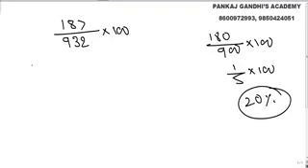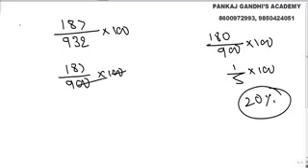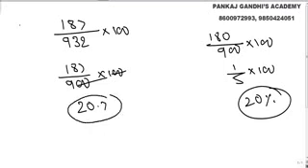Now let's say we do 187 upon 900 into 100. We solve it. 9 2s are 18, 9 zeros, 9 7s are 63, 9 7s, very close to 20.7%.